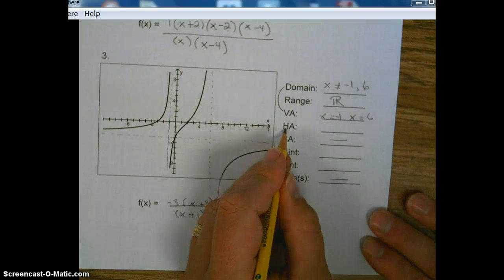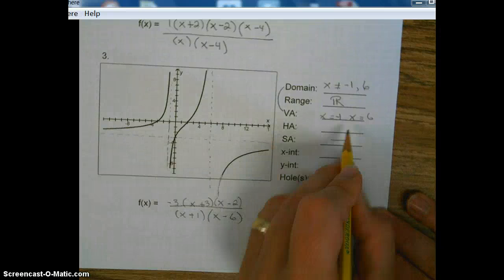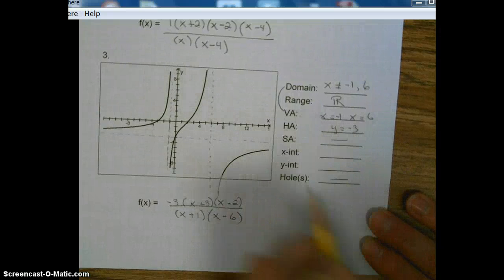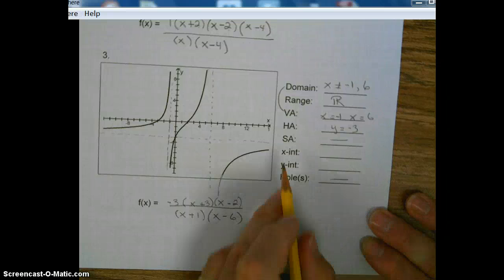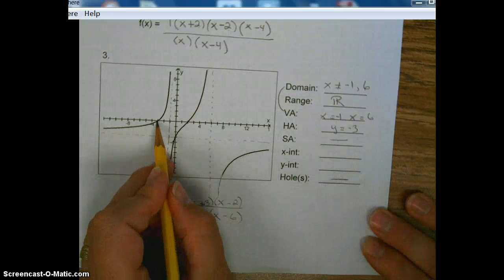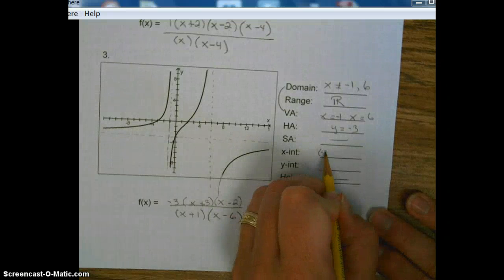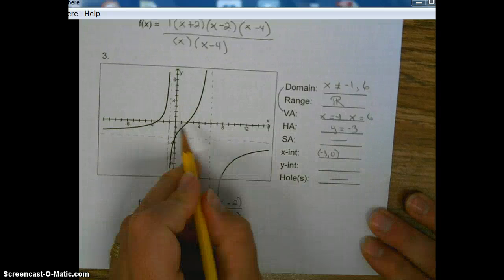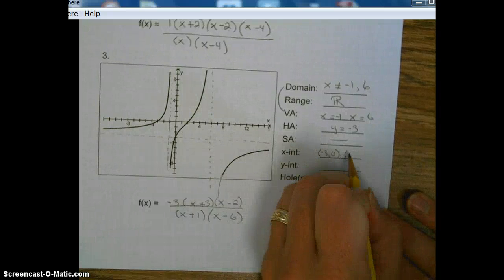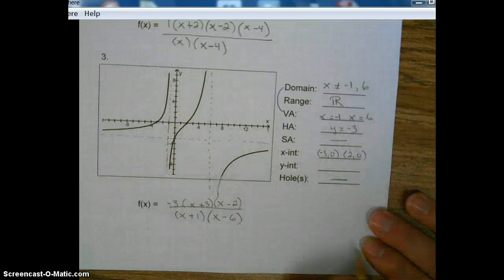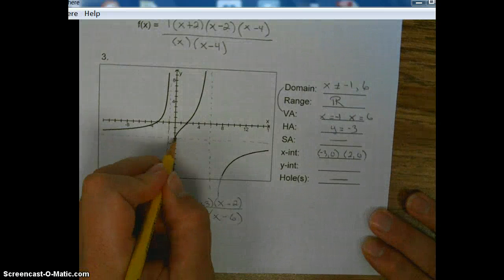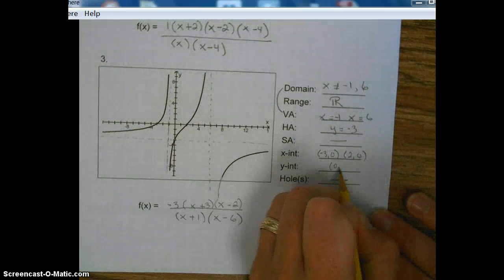Horizontal asymptote, y equals -3. X-intercepts, -3, 0, 2, 0. Y-intercept, right here, 0, -3.